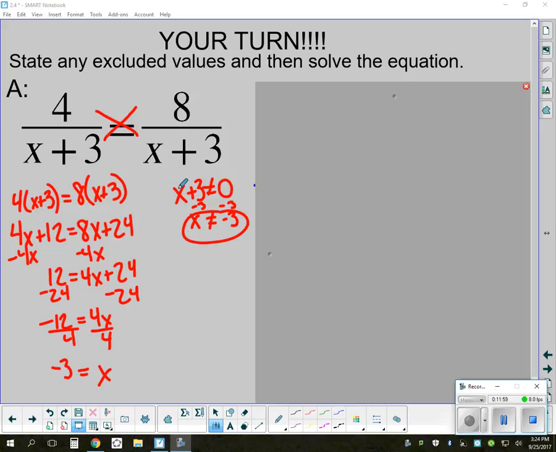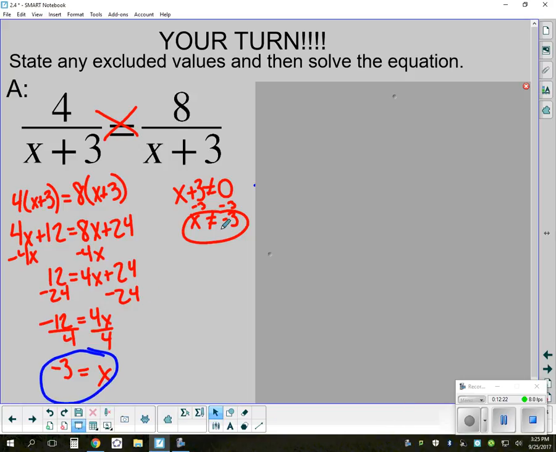Okay, check it out. On part A, problem A, we got for the excluded value, x cannot equal negative 3. When I solved, go through the steps if you got something different, but when I solved, I got x equals negative 3. Do we see a problem with that?